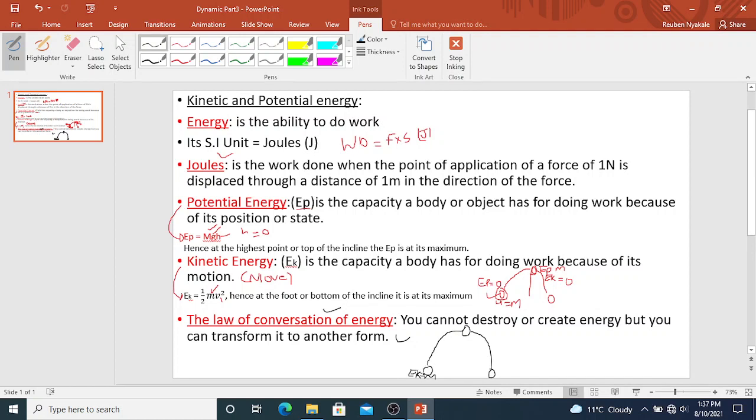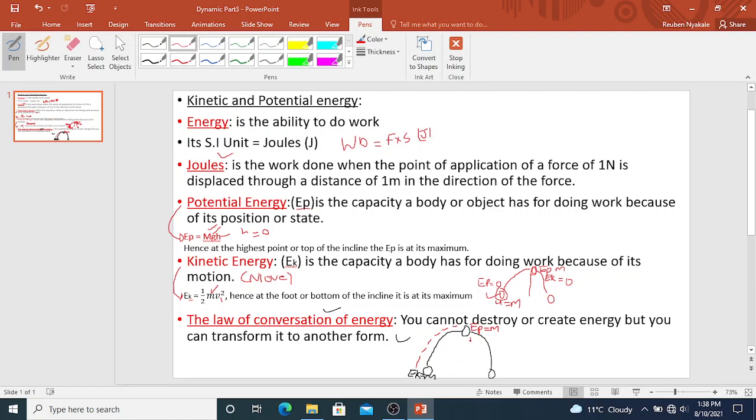When the stone leaves the thrower's hand, the EK loses energy, while EP gains what? Gains energy. Then there, EP is maximum. I will write M to indicate that maximum.